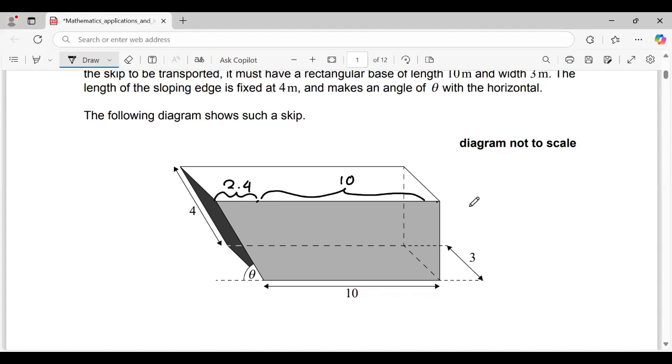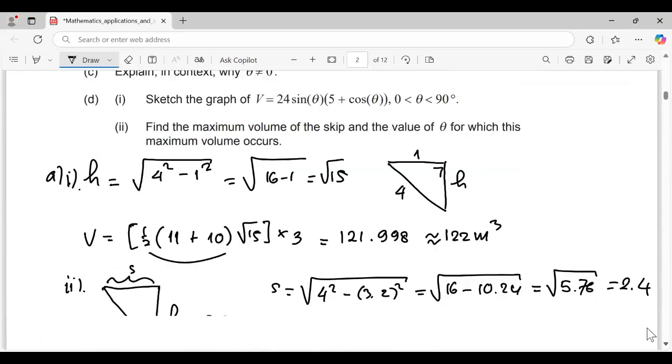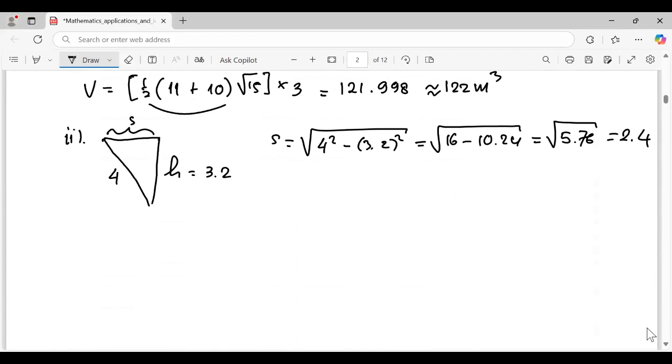It means the top edge is 10 plus 2.4, 12.4.